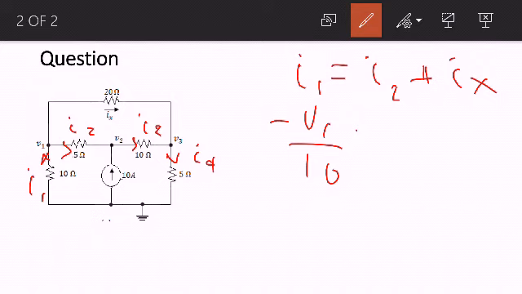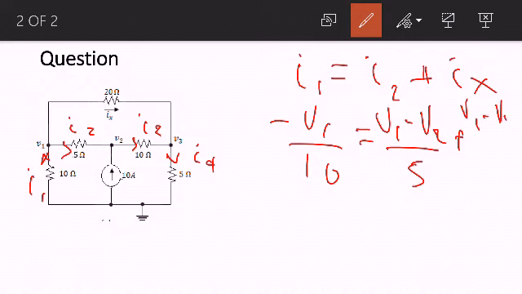Your I2 is going from V1 to V2, so the voltage there is V1 minus V2 all over 5. That means voltage over the resistor, V1 minus V2 over 5. Then your Ix is moving from V1 to V3, so I'm going to have plus V1 minus V3 all over the resistor there, which is 20.